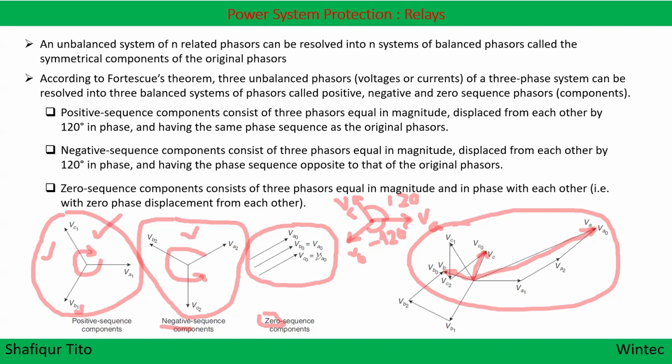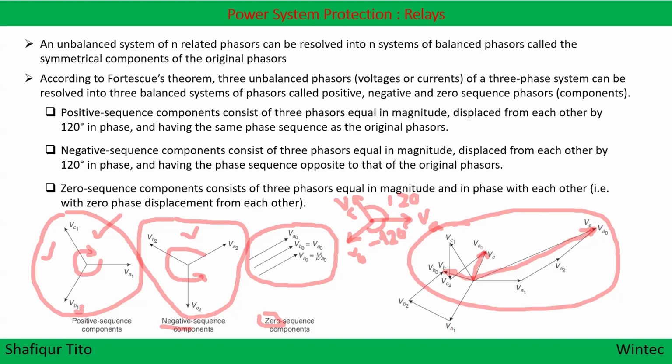simple balanced systems. So in order to simplify that, this method was invented and presented by one of the scientists. They identified that if the system becomes unbalanced, then I can represent the same system with three balanced systems.